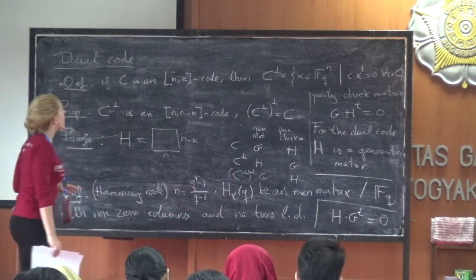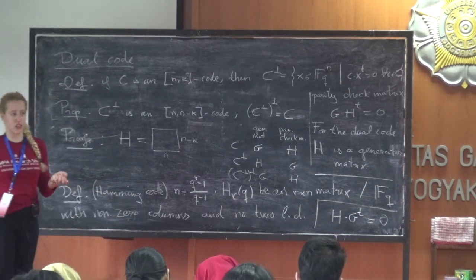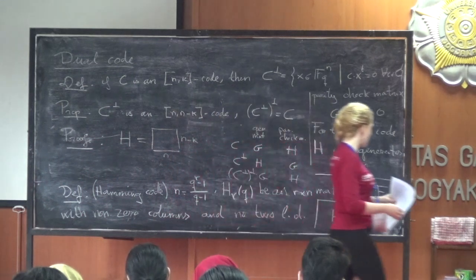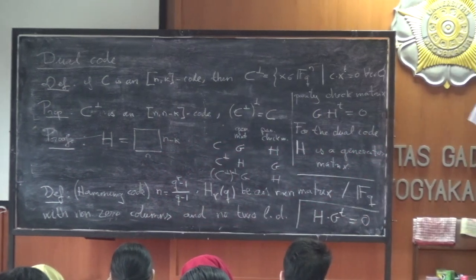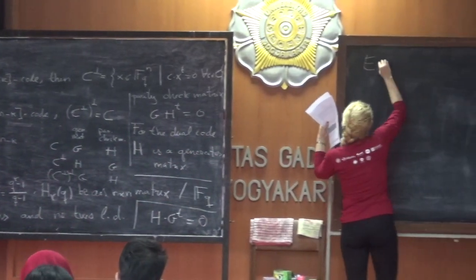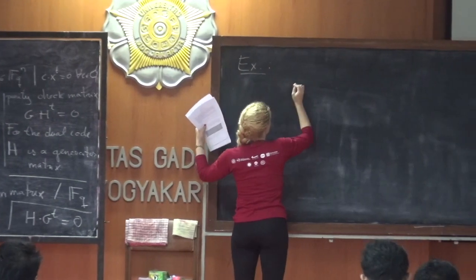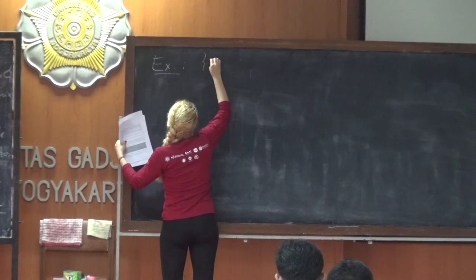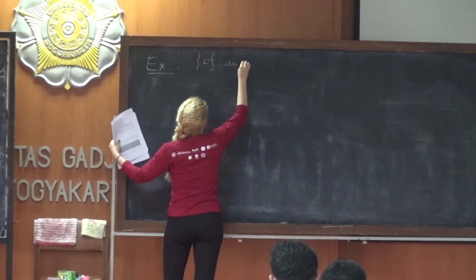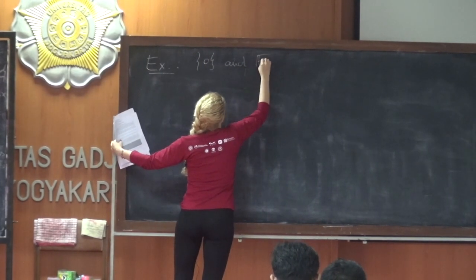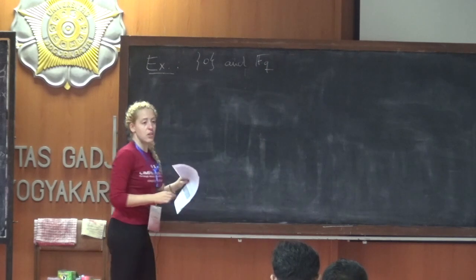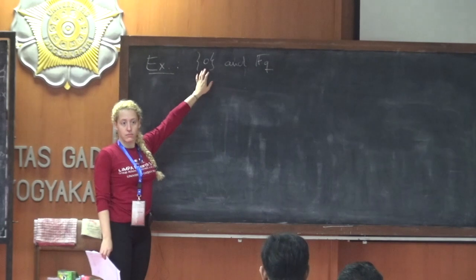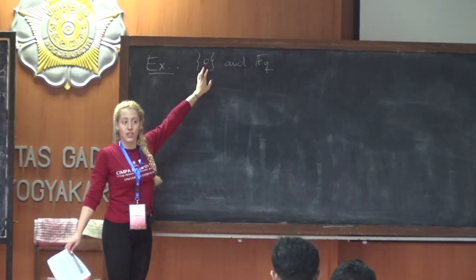Okay? Okay, very good. So now of course you want to see some examples, right? So an easy one, before I go to a more difficult one, is if you take the two trivial codes, okay? If you take the code 0 and F_q^n. What is the generator matrix of the code 0? Nothing. There is nothing inside.